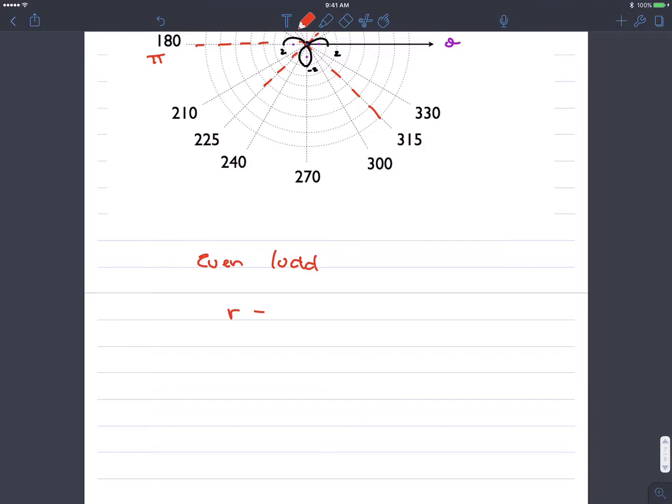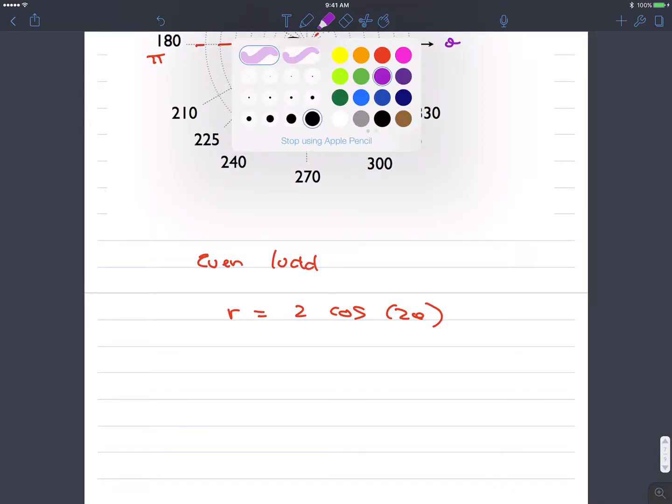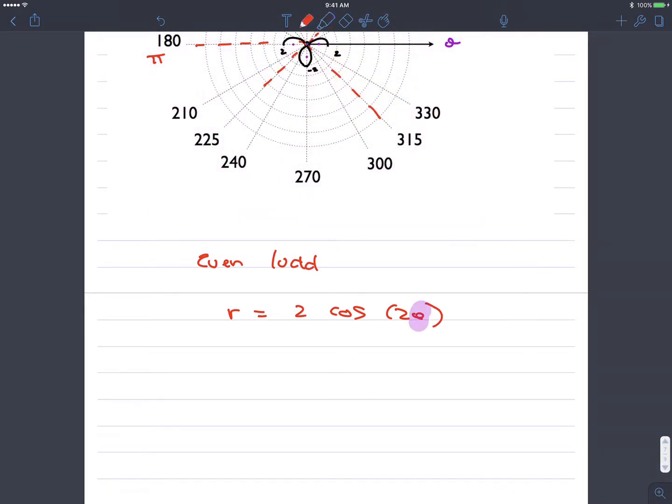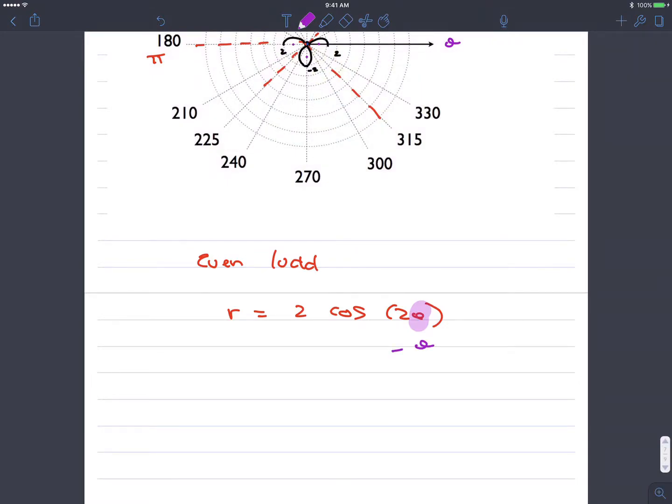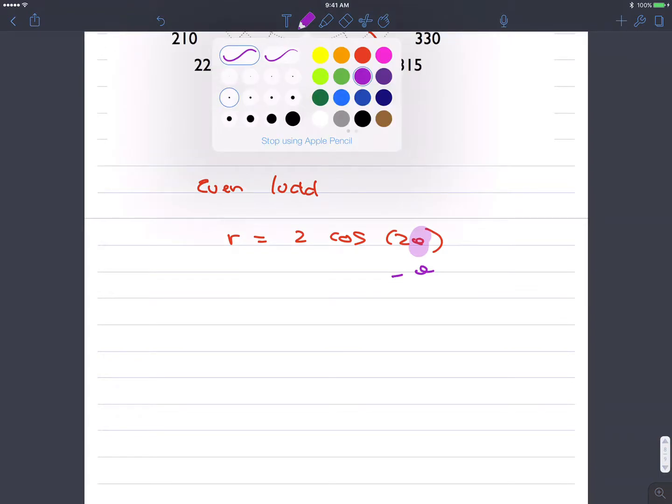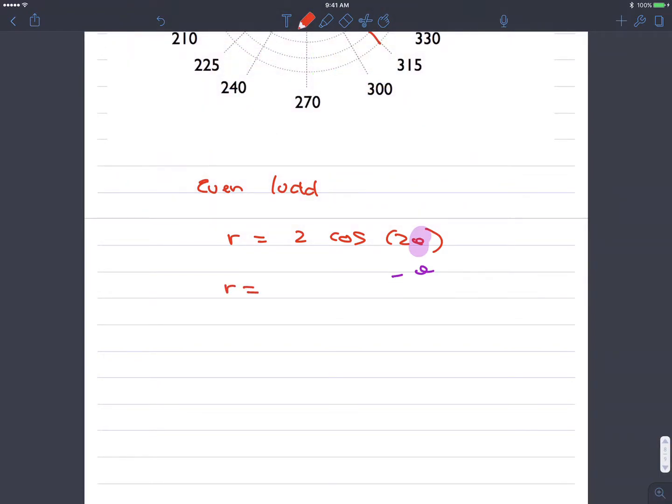If I told you r is 2 cosine 2 theta, and I replace this theta with negative theta, what happens when I do that? I get r is 2 cosine negative 2 theta, or r is 2 what?